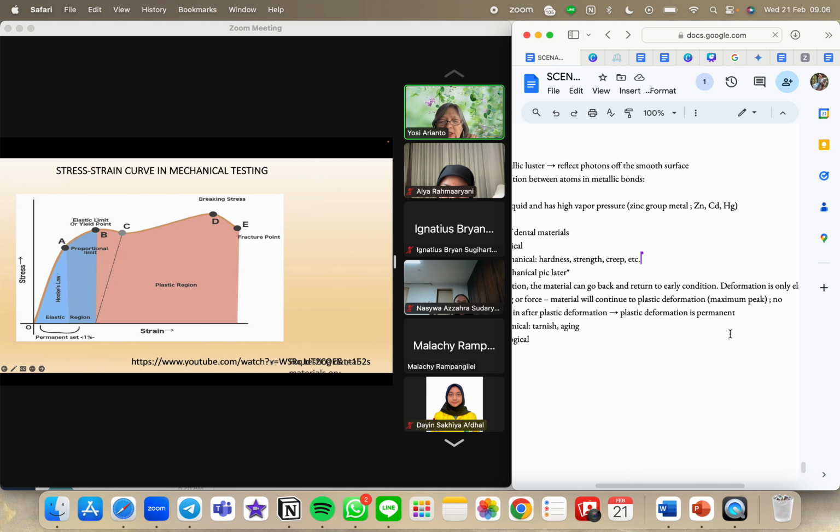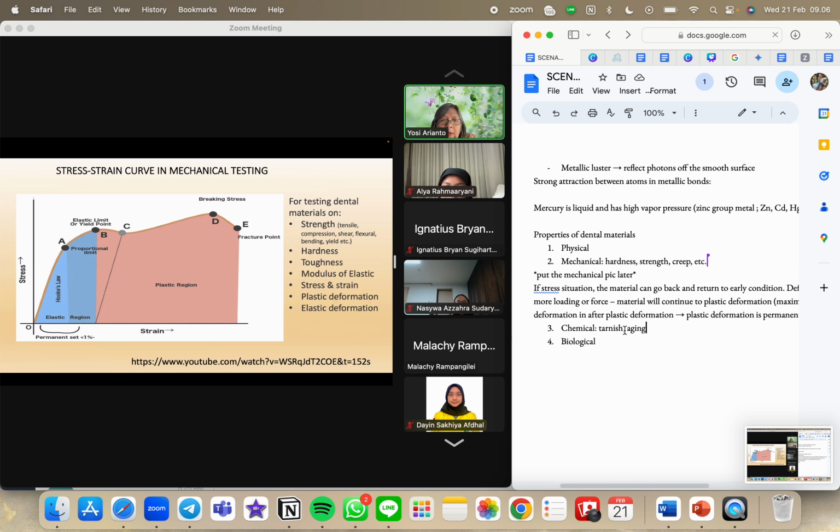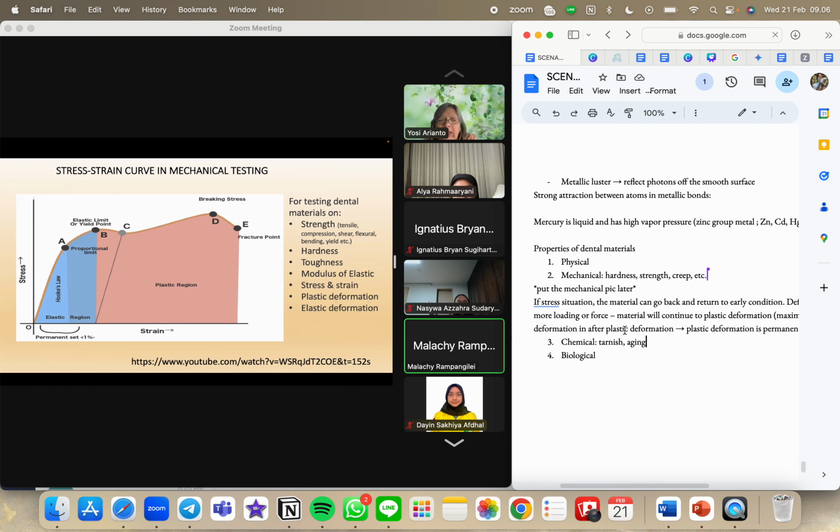Try to look at this so you can understand what the stress and strain curve is. This you usually use for testing dental materials on stress, modulus of elasticity, stress and strain, plastic deformation, and elastic deformation. Please, I think you have to read more about this, or you can also watch this YouTube video. Okay?